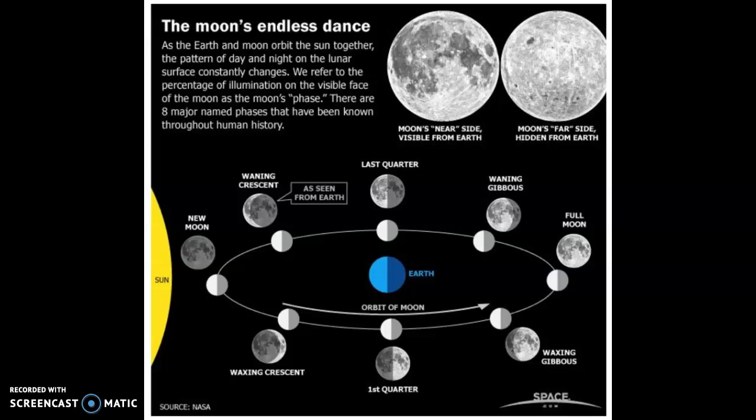However, on the first quarter diagram, the earth and the moon are the same, yet what you see is different. So when we come back to class, I would like you to be able to explain to me why you see something different in the last quarter than the first quarter, yet the same amount is illuminated.